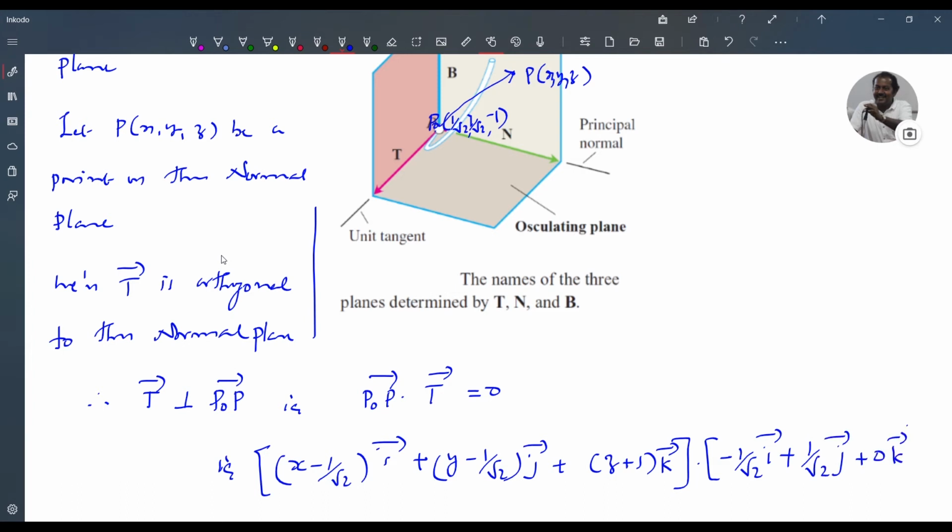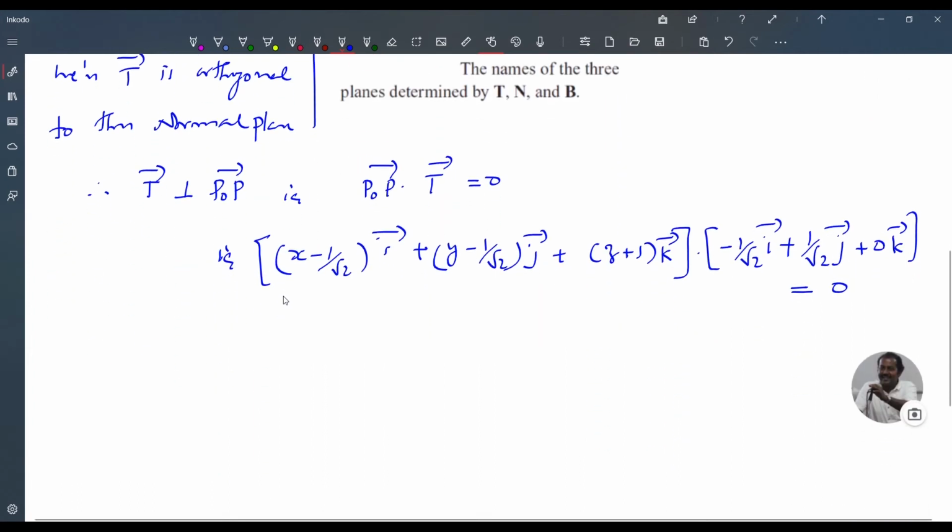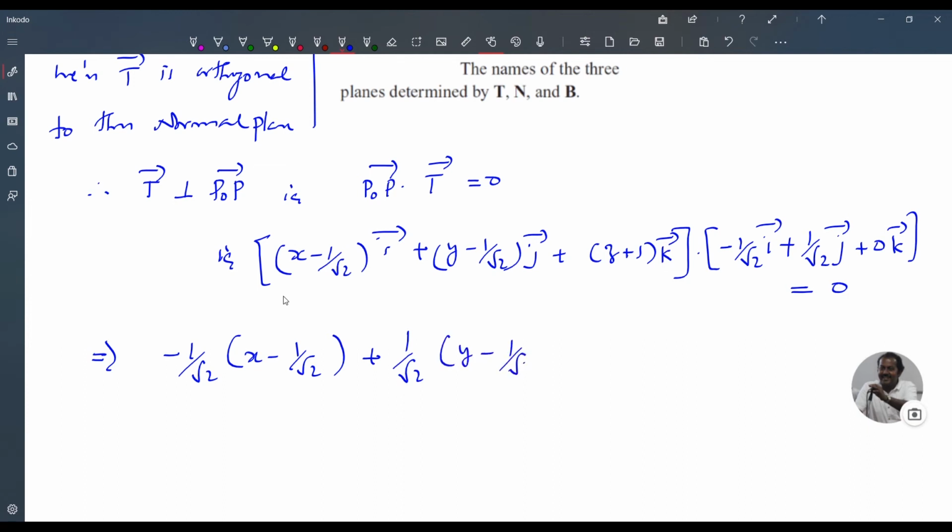This is equal to 0. So this implies minus 1 by root 2 into x minus 1 by root 2, plus 1 by root 2 into y minus 1 by root 2, plus z plus 1 into 0, equal to 0.